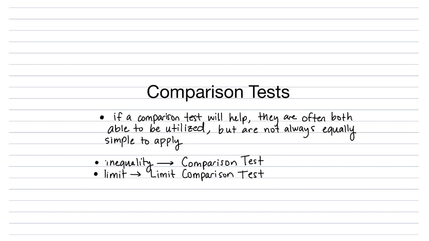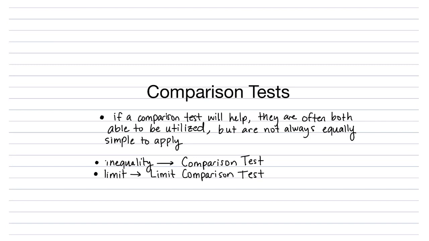For both of these tests, you'll want to know the behavior. But the limit comparison test allows you to demonstrate that they are similar with a limit. Let's say you chose a series that is not actually that similar to the series that you're looking at. Your limit comparison test will just not prove to be helpful. So when you try and run the test, you won't get a conclusion from it, basically.